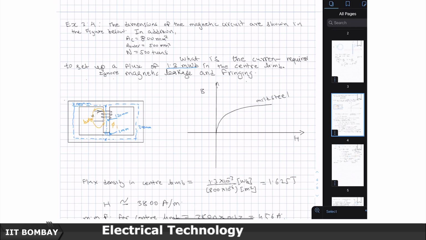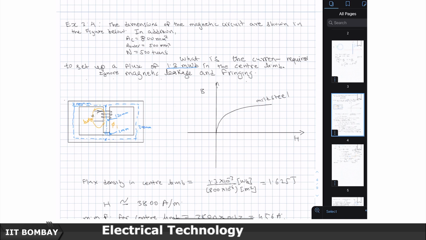Let me illustrate to you the application of this magnetic circuit here. I have a geometry which is shown here. There is a small air gap of 1 mm and the coil is wound on the central limb. It sets up a flux like this, which will come back through the air gap. It will go like this and again come back through the air gap like this.